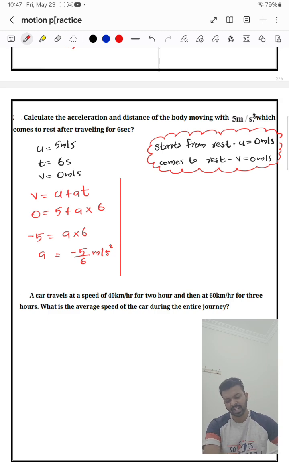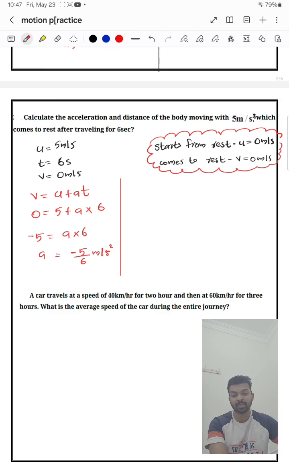One more tip I have to tell you: when the question comes in which your final velocity is equal to 0, I prefer you people to take the third equation, v square is equal to u square plus 2as, because v square will become 0 since the final velocity is 0.